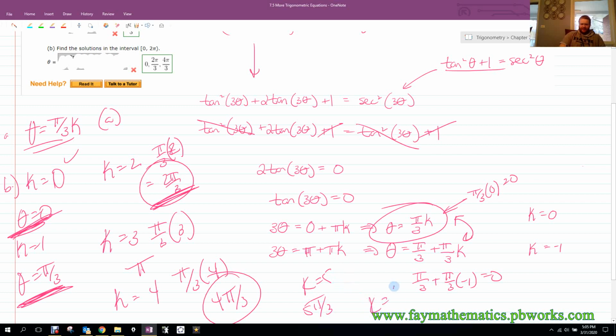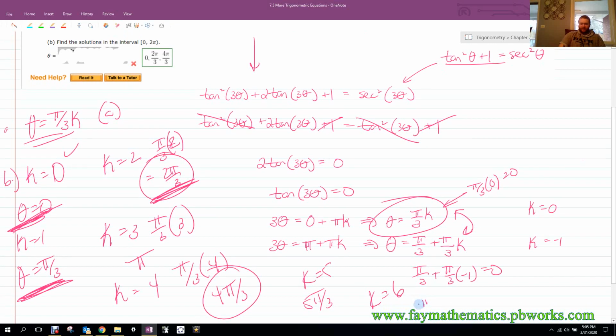And if k is 6, we get 2 pi. So those are solutions.